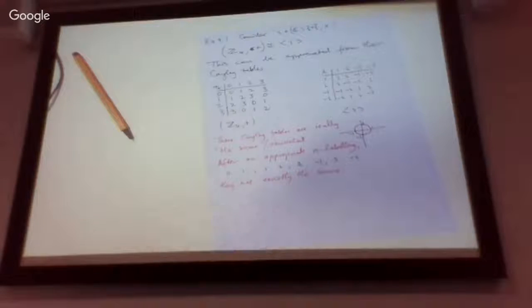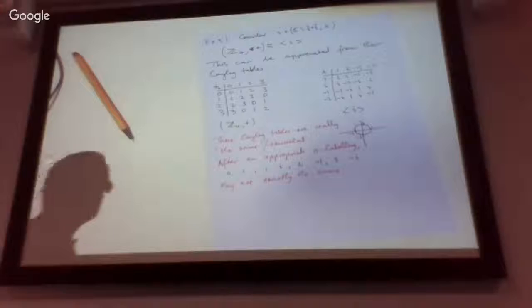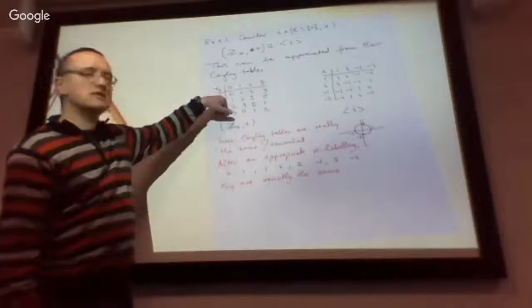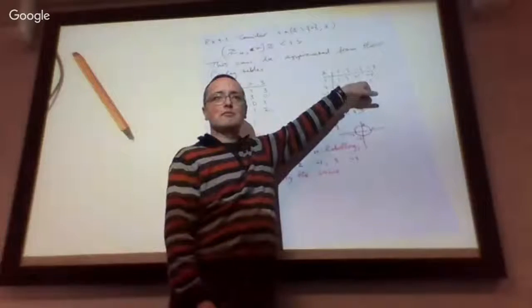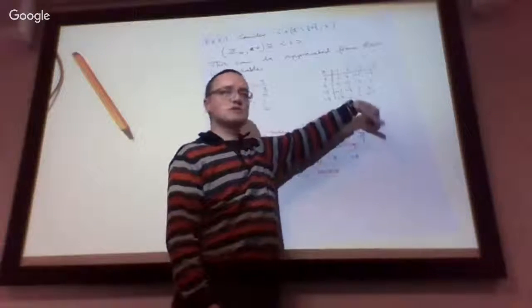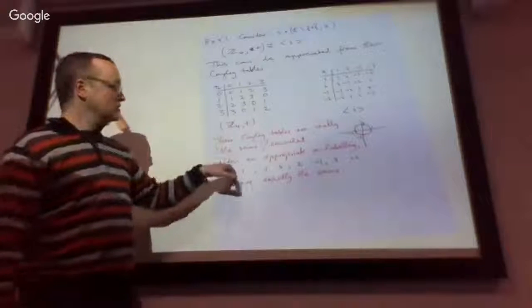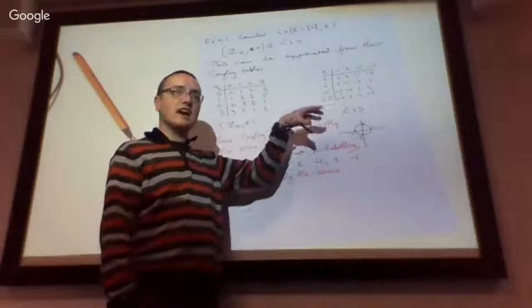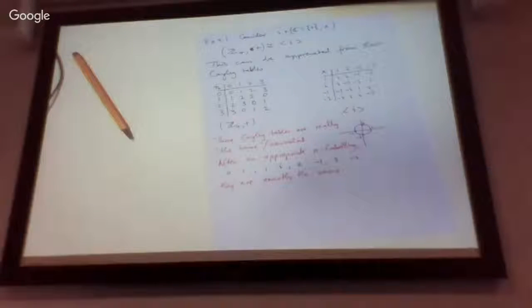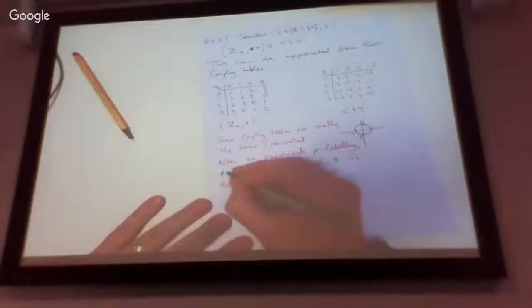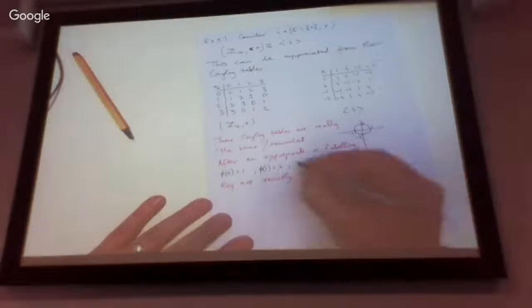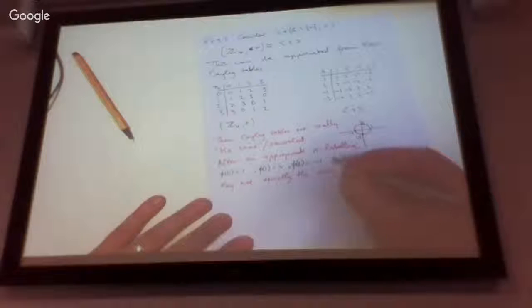Now, what is this relabeling? This relabeling is a way of pairing up an element from Z4 with an element from the subgroup generated by i. In other words, this relabeling is our bijection. This is the phi. This is the function, the map between the two groups. So we're saying phi of 0 is 1, phi of 1 is i, phi of 2 is -1, phi of 3 is -i.